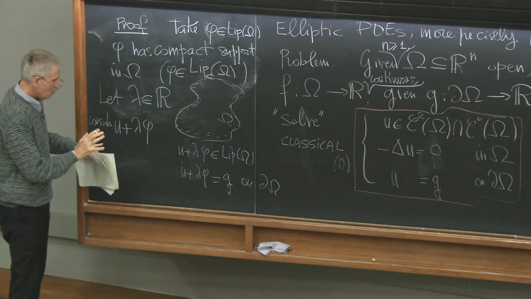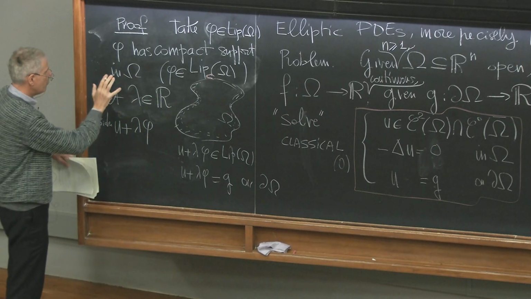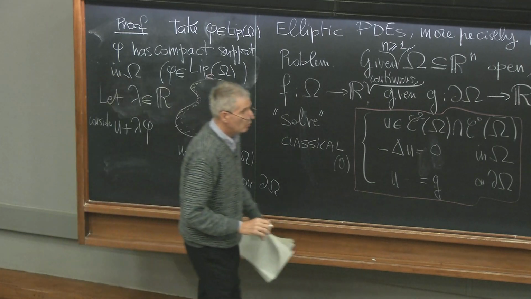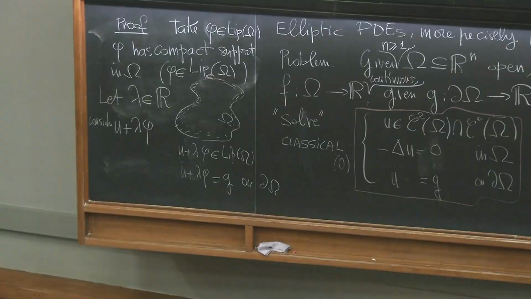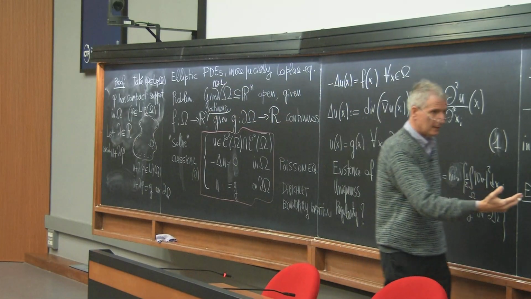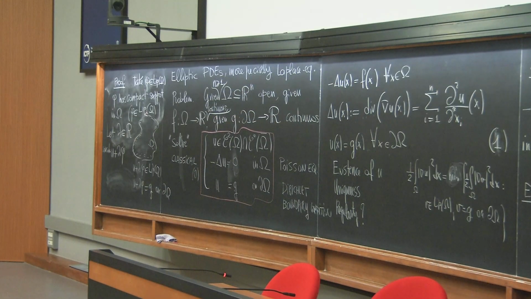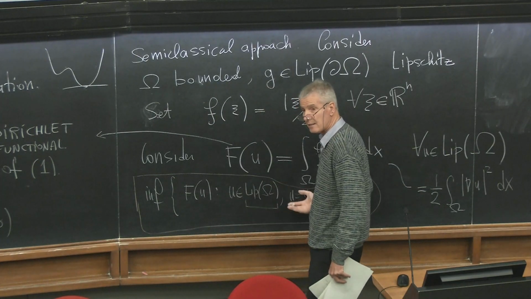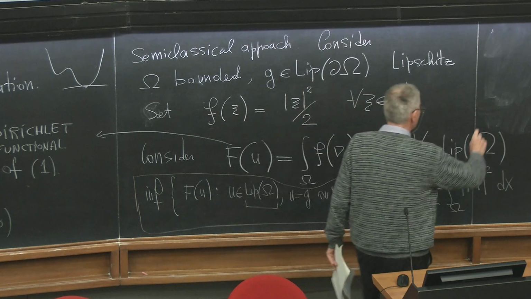Okay, so I can compare the energy of u with the energy of this object, because this object is inside this class. It is admissible. So what do I have?